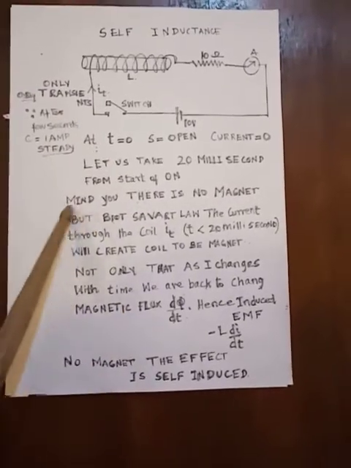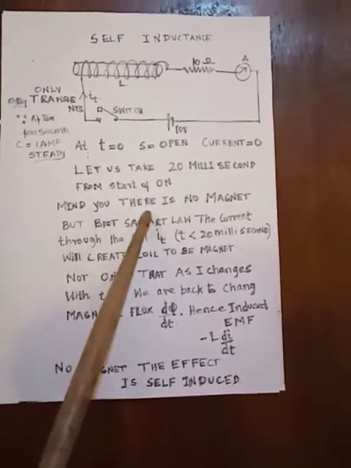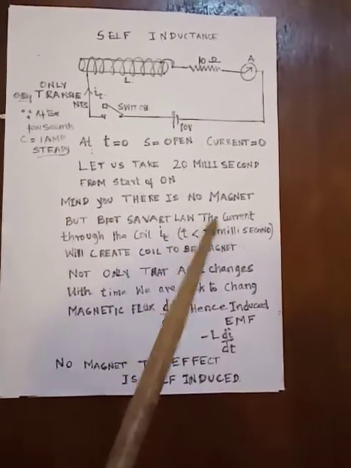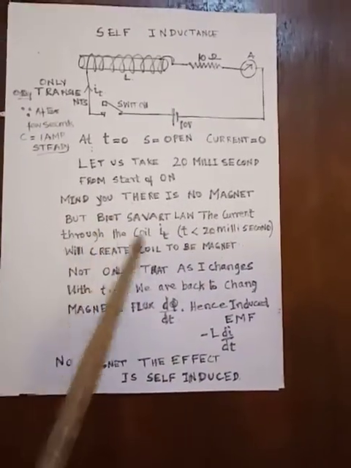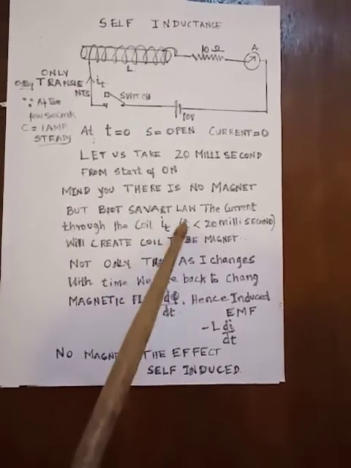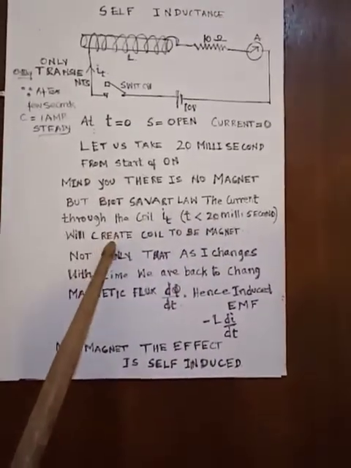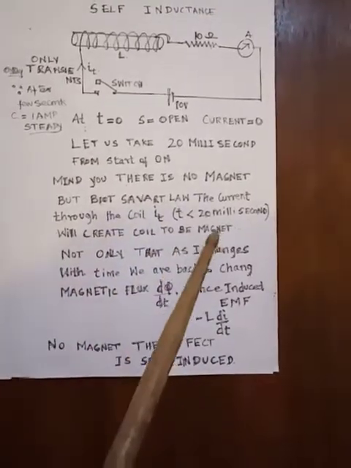See here, you can read this. Mind you, there is no magnet, but by Ampere's law, the current through the coil, when t is less than 20 milliseconds, will make the coil a magnet.